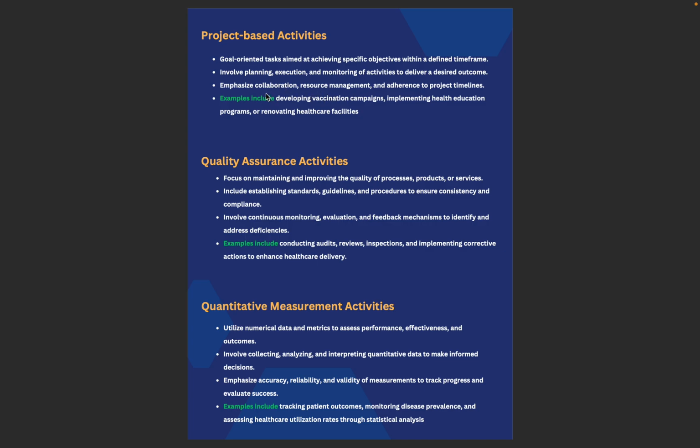Often also utilizes or involves collaboration, whether team collaboration or stakeholder collaboration, also resource management and sticking to timelines. A good example of a project-based activity is either vaccine campaigns, maybe implementing health education programs, or simply renovating facilities.